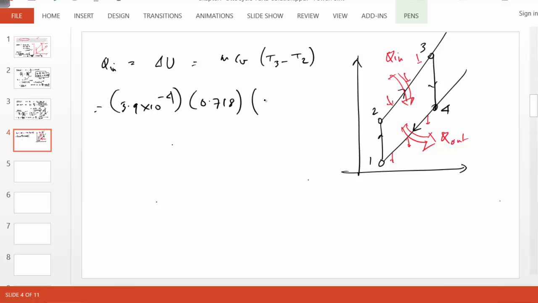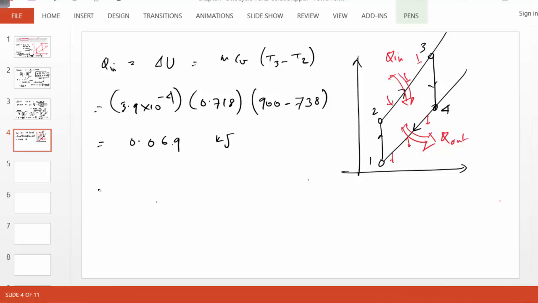And T3 is 900, that was given to us. And T2 we found to be, how much was T2? I think 738 Kelvin. And this turns out to be pretty small, 0.069 kilojoule.